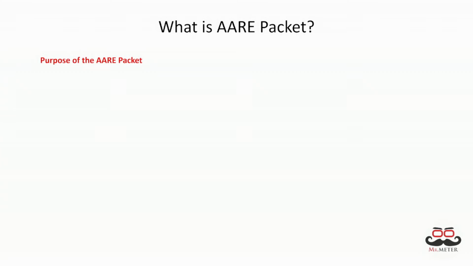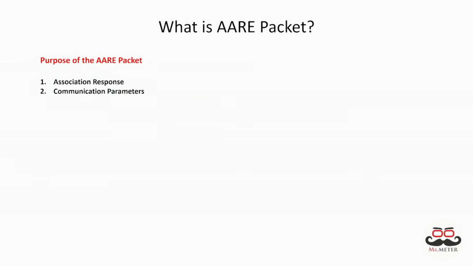The purpose of the AARE packet has three main parts. The association response: the AARE packet is used by the server to either accept or reject the association request made by the client.